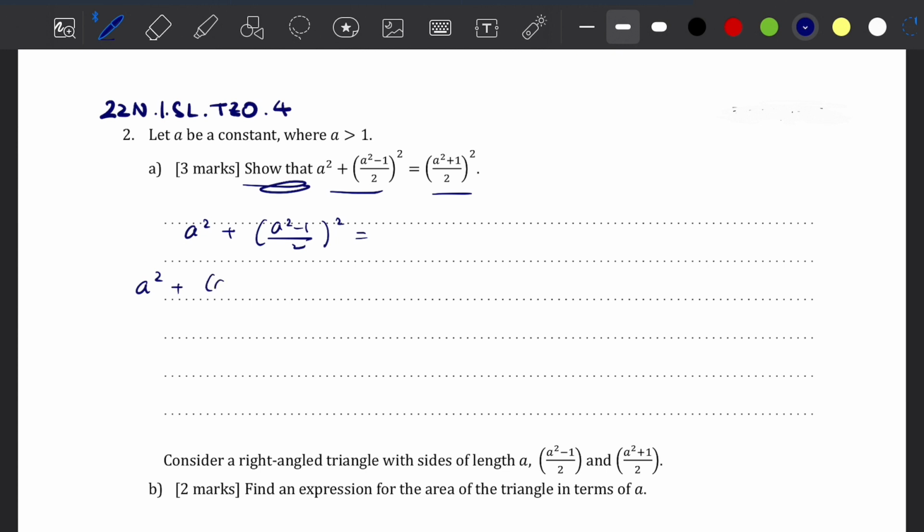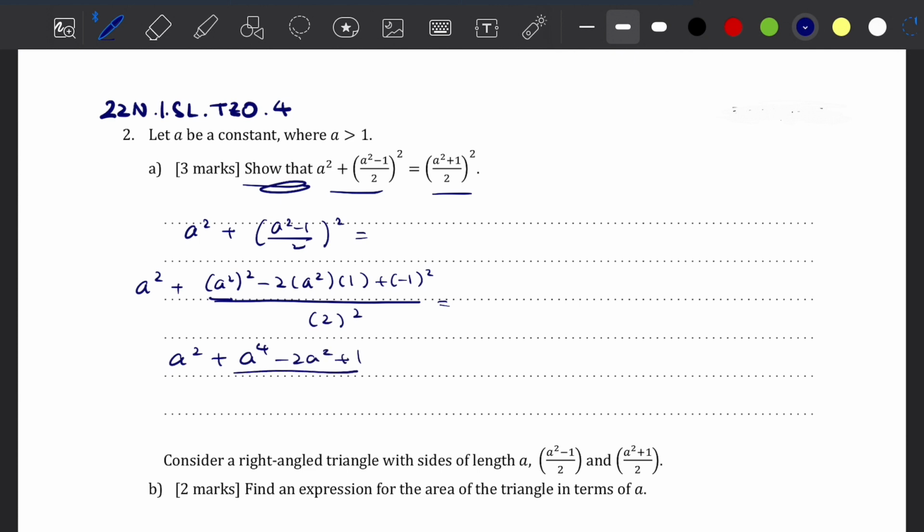So we get this. Then we can say a squared plus a to the power of 4 minus 2a squared plus 1 over 4. Then we're going to add these two terms together by multiplying the 4 over 4 to the first term.